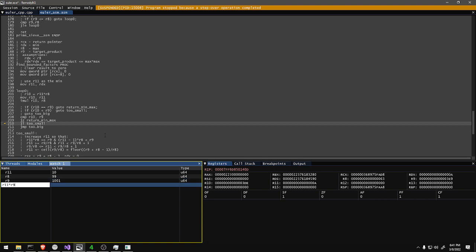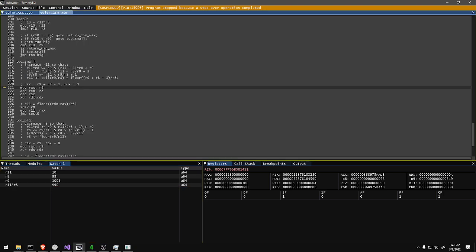And R11 times R8 is too small. So we go to too small, and we set RAX to there. We add in R8 and subtract 1.